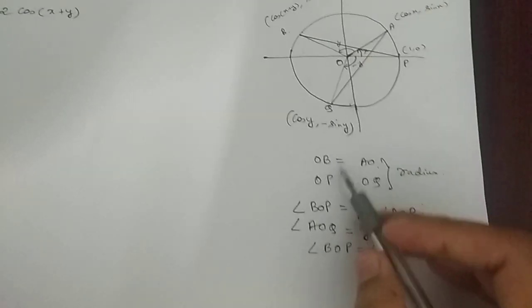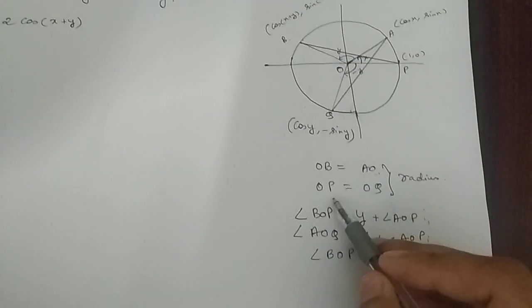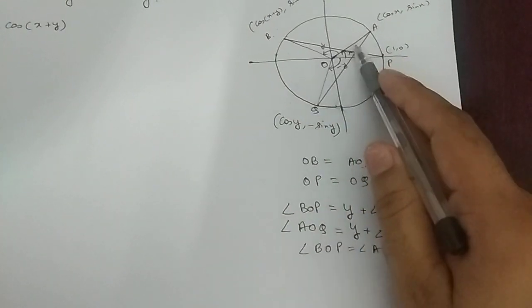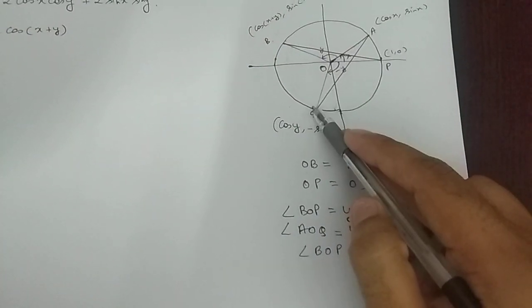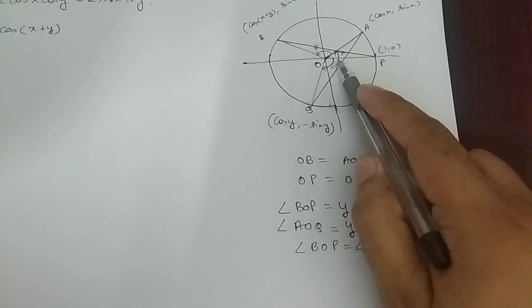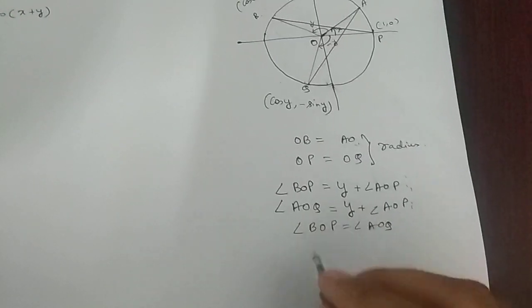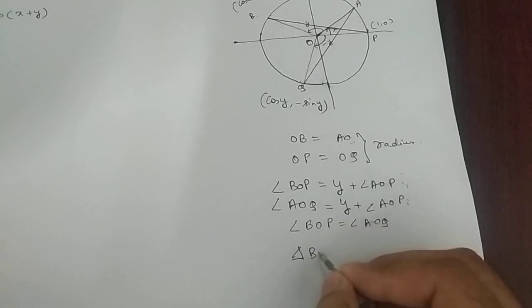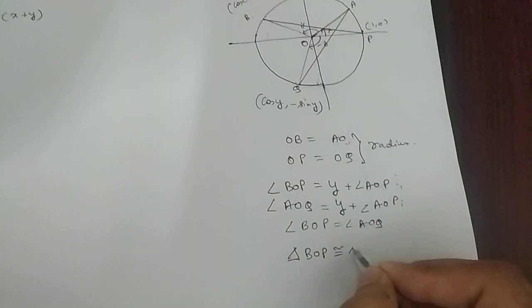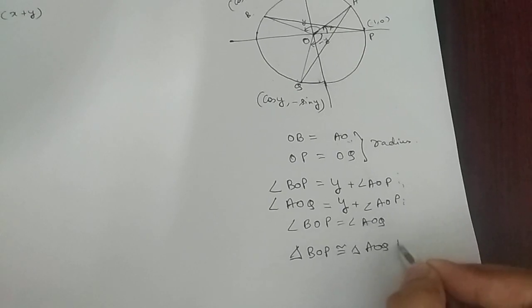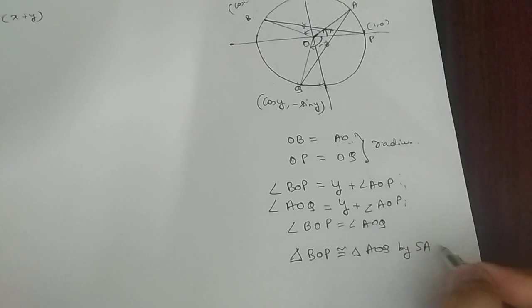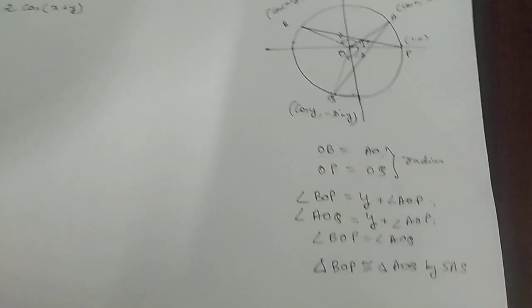Therefore, OB is equal to AO, OP is equal to OQ, and this total angle is equal to this total angle. Therefore, triangle BOP is congruent to triangle AOQ by the SAS criterion.